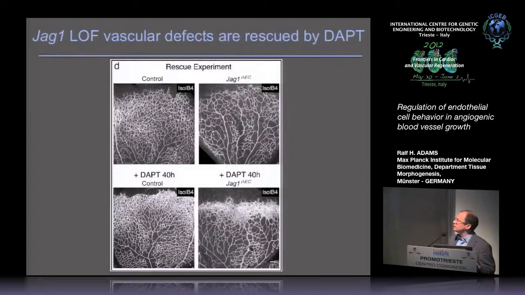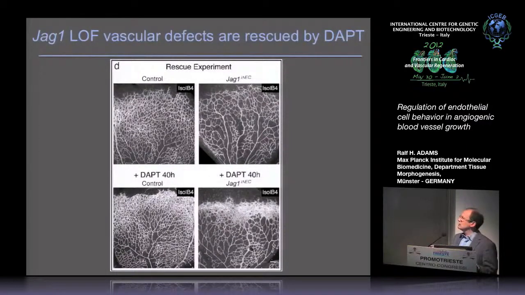If we treat the control retina with an inhibitor of gamma secretase, which is an important enzyme controlling the cleavage and the activation of Notch receptors, this leads to enhanced sprouting and proliferation here in this region.